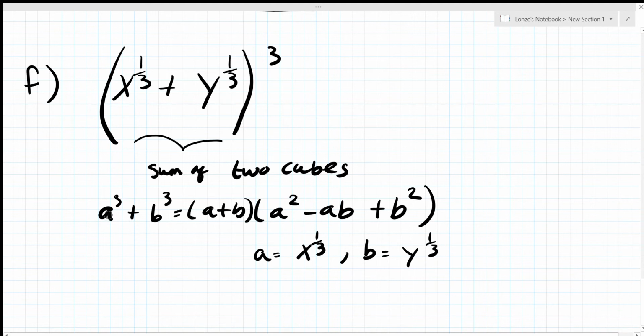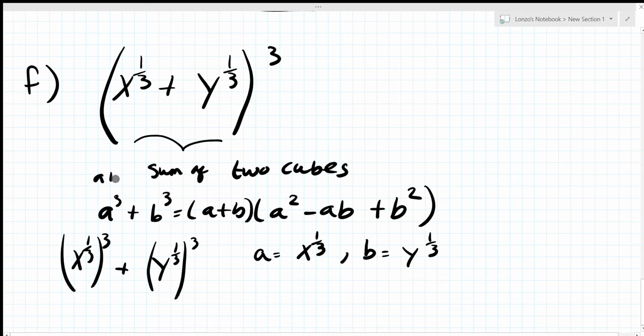So we're just going to do a cubed plus b cubed. a is x to the 1/3, raised to the 3rd power, plus b, which is y to the 1/3, raised to the 3rd power as well. This a cubed plus b cubed can also be written as a plus b cubed.